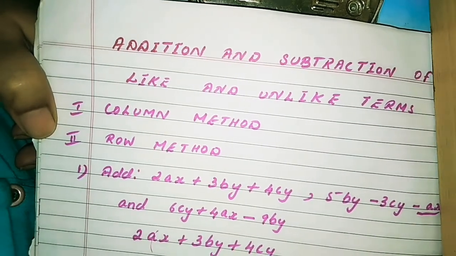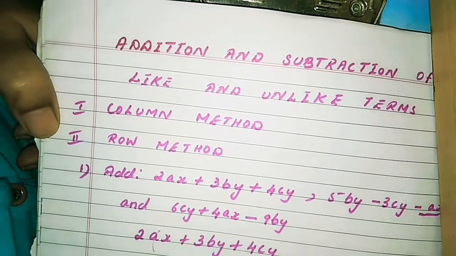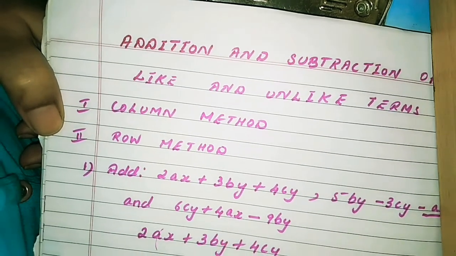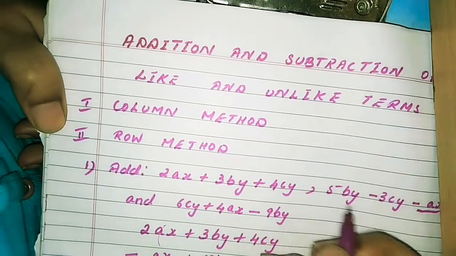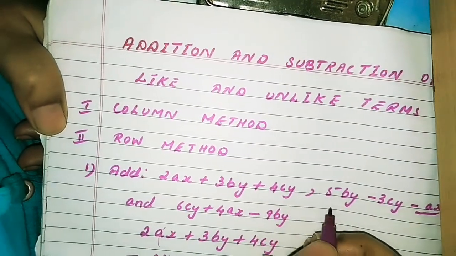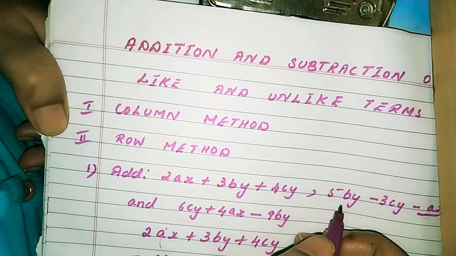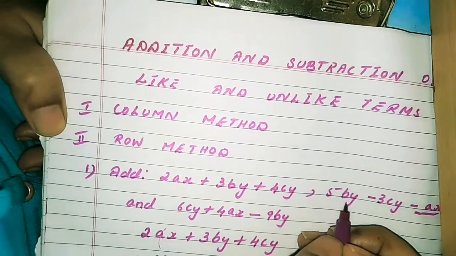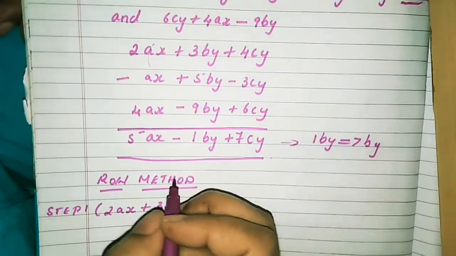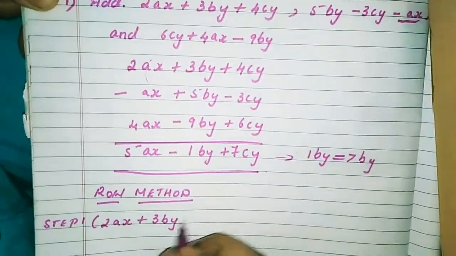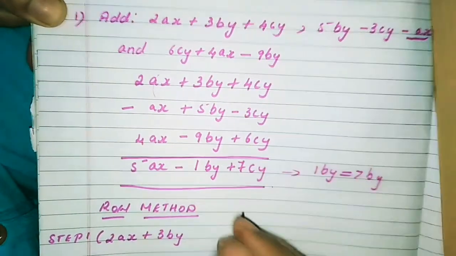Step 1 is we rewrite each of the given polynomials, which could also be called expressions, in brackets. We are going to insert the plus sign in between the brackets. I'll just show you how to do that. The first thing is 2ax plus 3by plus 4cy.